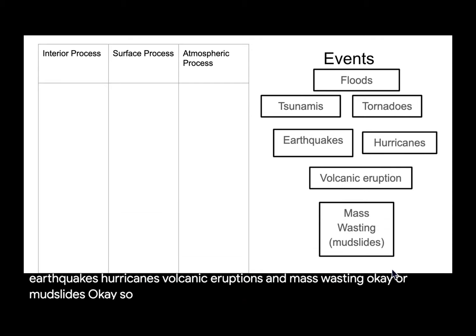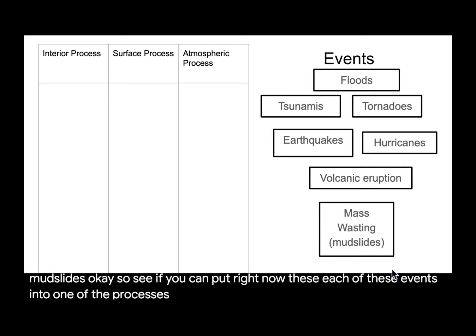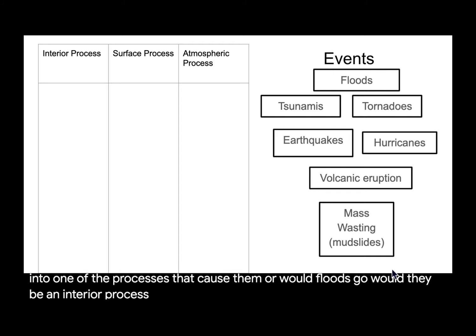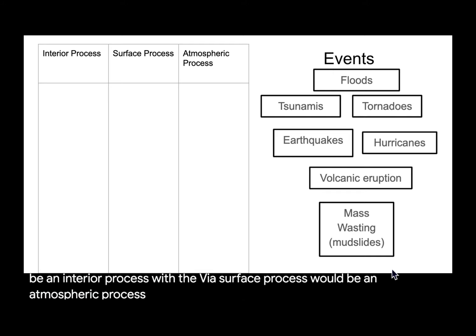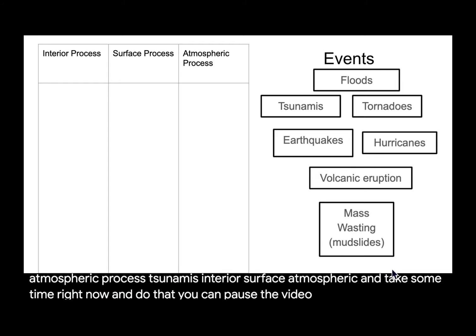See if you can put each of these events into one of the processes that cause them. Where would floods go? Would they be an interior process? Would they be a surface process? Would it be an atmospheric process? Tsunamis, interior, surface, atmospheric. Take some time right now and do that. You can pause the video.